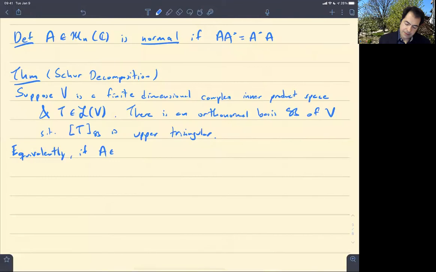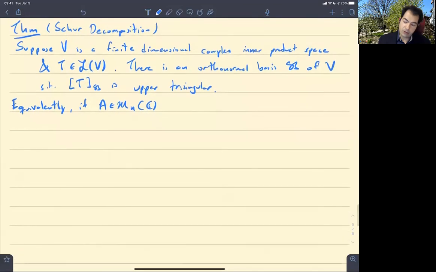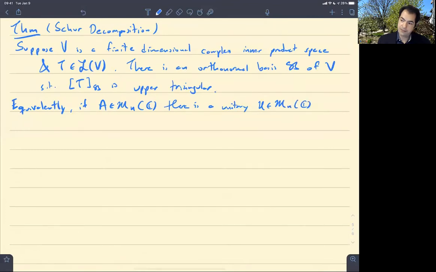Equivalently, if A is an n by n matrix with complex entries, there is a unitary matrix U, also of size n by n, and an upper triangular matrix, call it C, n by n, such that A is equal to U C U star.